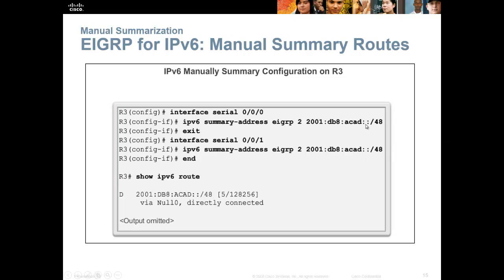So remember, the 4th quartet is where we subnet. So I can have subnet 0000 or subnet 0001 or subnet 0003. So basically I just double colon and leave that part off, and all those subnets would all match the first 3 quartets. So I'm all summarized. I hope that makes sense.